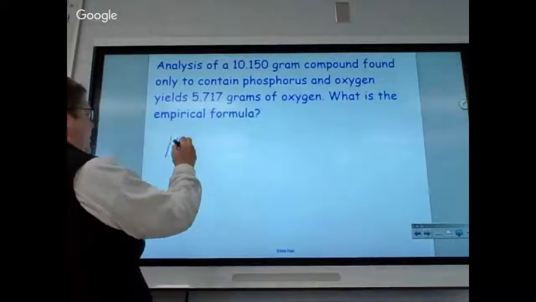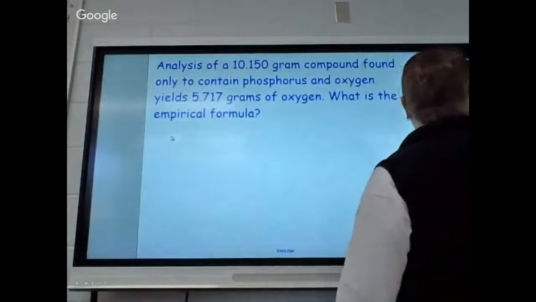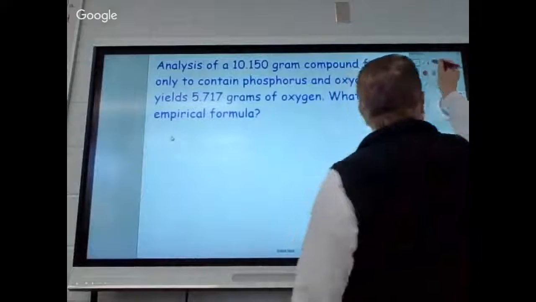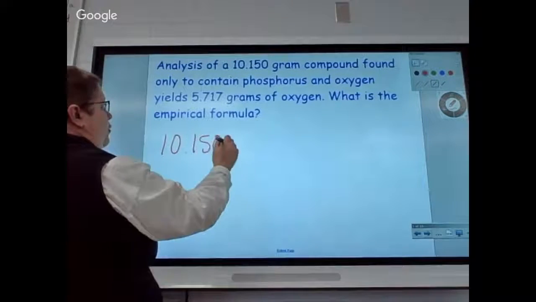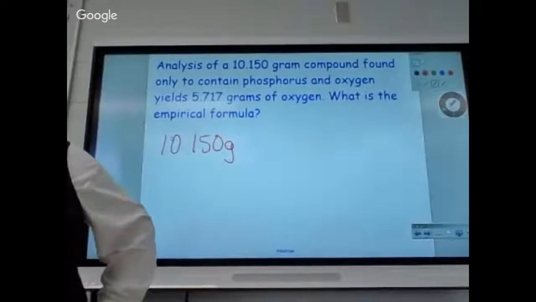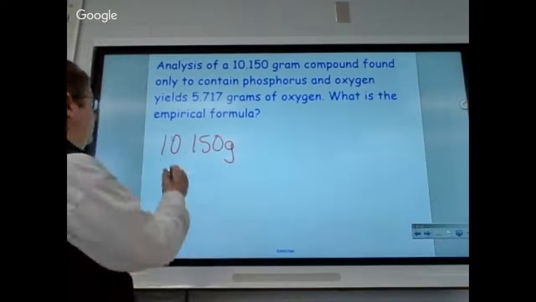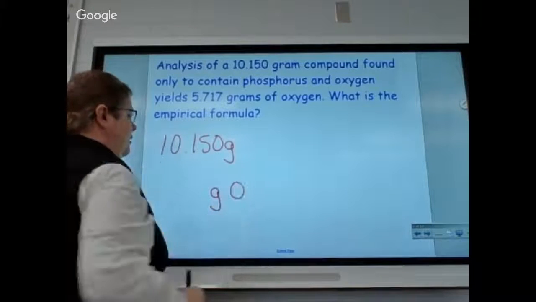All right. So the 10.150 grams, let me change color so it's the same color as the question. It doesn't give us grams for phosphorus, but it does for oxygen.